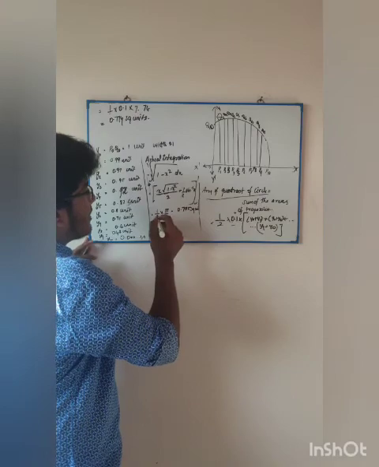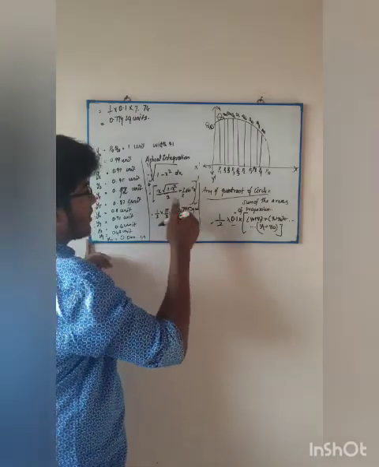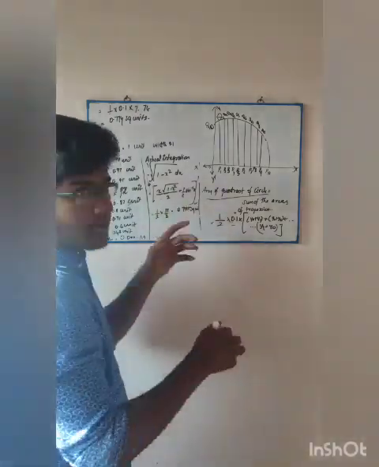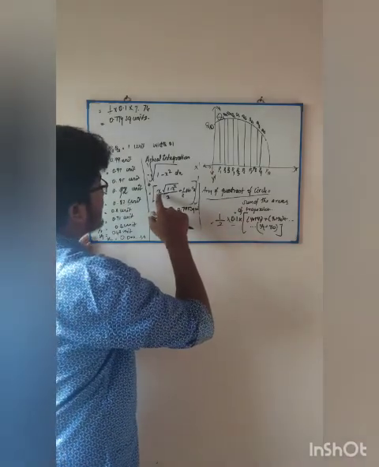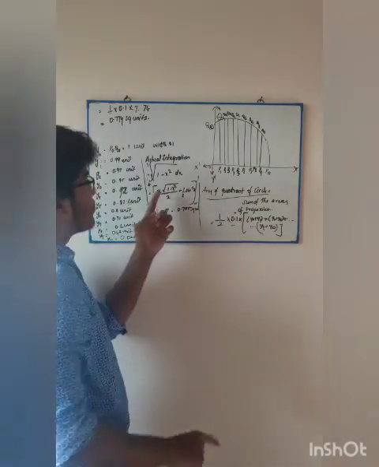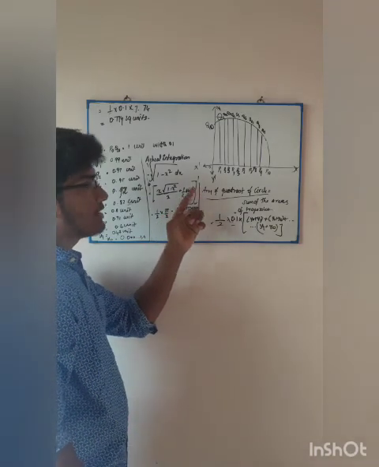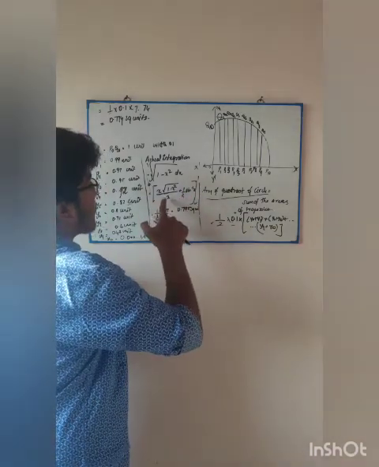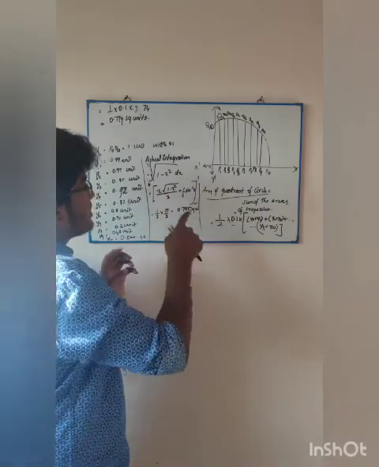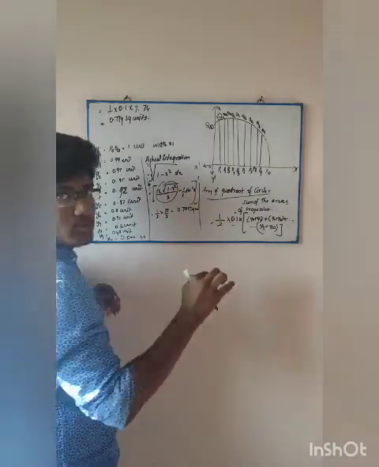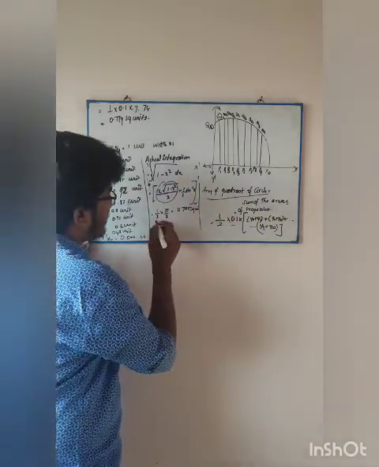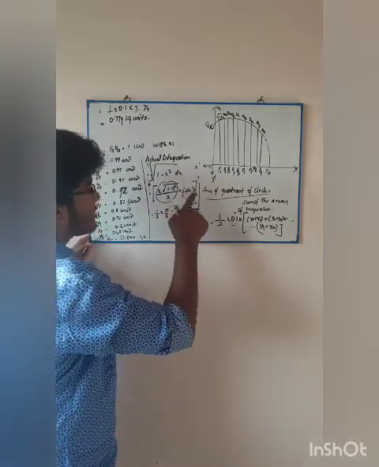So half into pi by 2. When we substitute the values, we get 1 into the root of 1 minus 1 squared divided by 2, plus half into sine inverse of 1. This first term becomes 0, right? So we will have only half into sine inverse of 1.